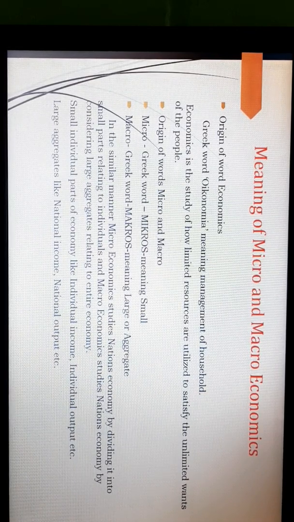Household means family. So as we know that each and every family has its own income, and from that income it tries to satisfy the different wants of its family members. So the manner in which they spend their limited income on the day-to-day activities of their family members, it's called as management of household.